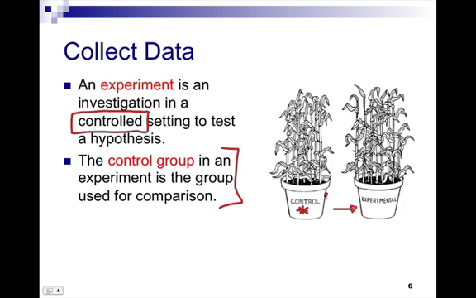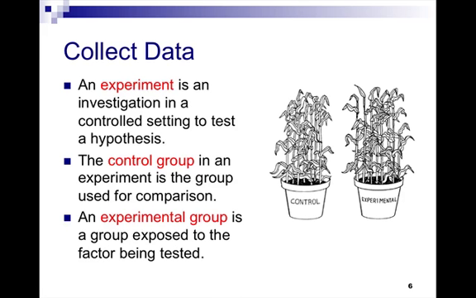So this one, the control, always stays the same. The control always stays the same. We never change the control. The experimental group is a group exposed to the factor being tested. So the experimental group is the one that we are testing.